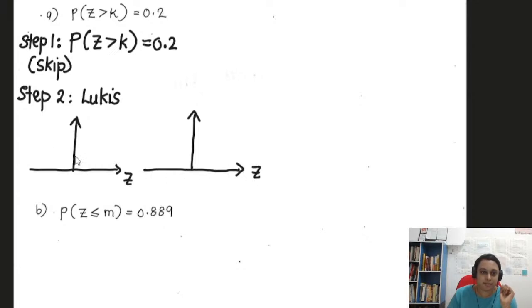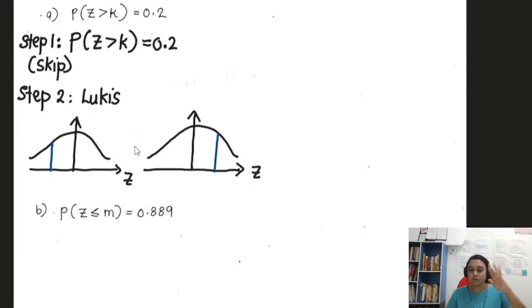Draw 2 graph. Okay, then you draw the bell shape. Lukis bentuk bell. Satu buat garis dekat sebelah kiri, another one you do garis dekat sebelah kanan. Memang always like that. One, you must put the line on the left hand side. Another one, you put the line on the right hand side.